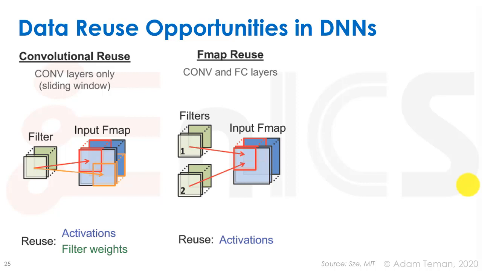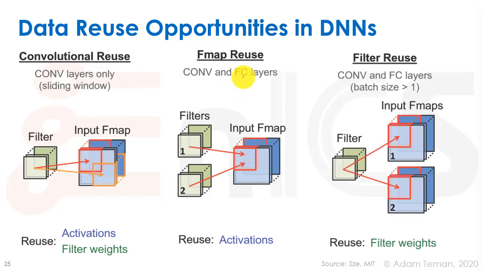Feature map reuse is where we're going to try to reuse the activations. While convolutional reuse is only really good for convolutional layers and not really for fully connected layers, feature map reuse is relevant for both of them. And the third one is what we call filter reuse, where we're going to try to reuse the filters, and it's good for both convolutional and fully connected layers, but only when we're running batches during training.